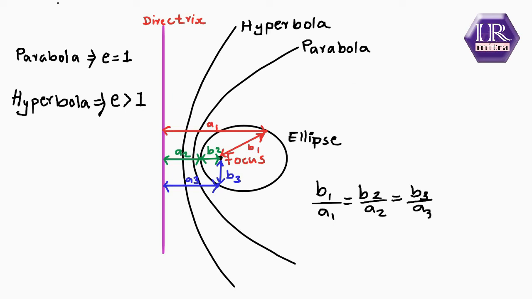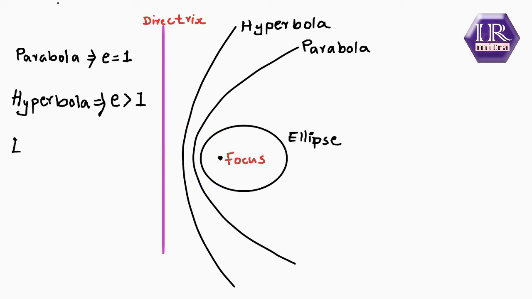If we find the eccentricity value, it is going to be b1 by a1 equal to b2 by a2 equal to b3 by a3, which is less than 1. So I am writing that for an ellipse, the value of eccentricity is going to be less than 1.